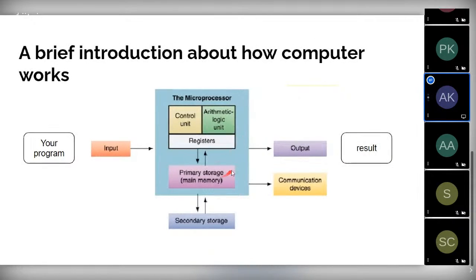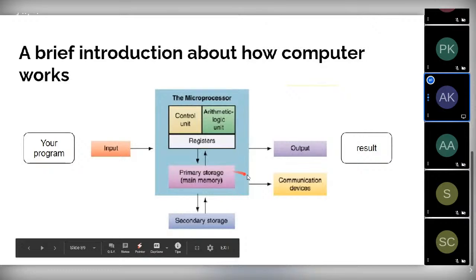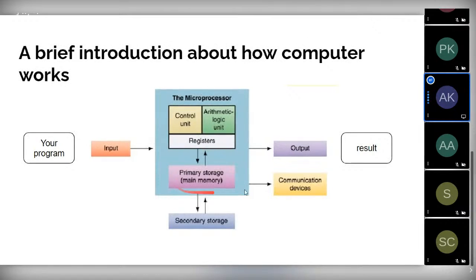That information is basically stored inside the primary registers or primary storage. Basically, primary storage is your RAM. This microprocessor or CPU directly interacts with your RAM, that is random access memory, and it is volatile memory. I told you that if you turn off your computer, your data will be destroyed.